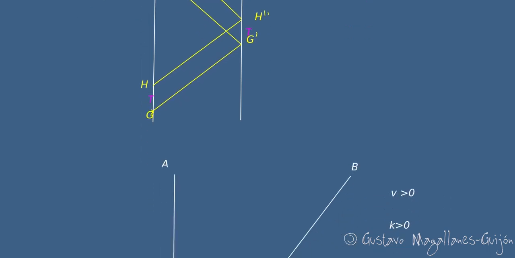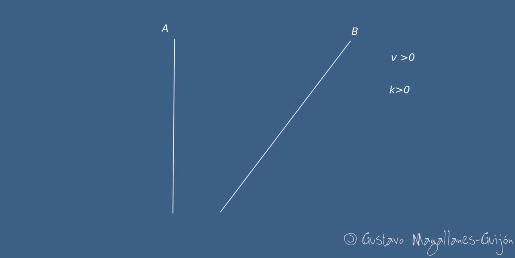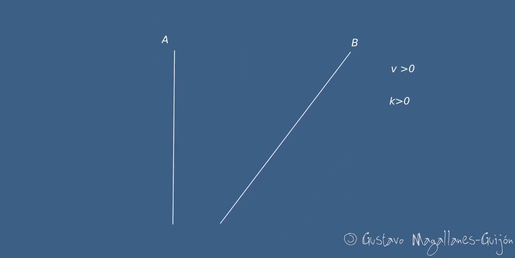What happens if the observer A is at rest and observer B is moving with velocity v and is receding?